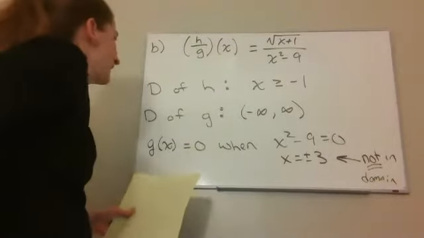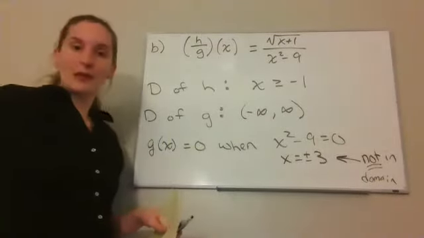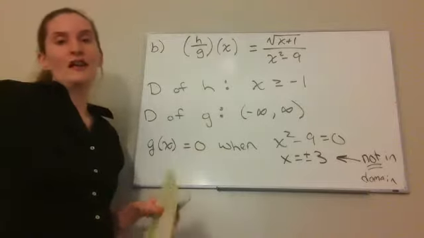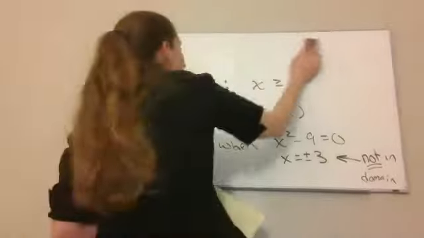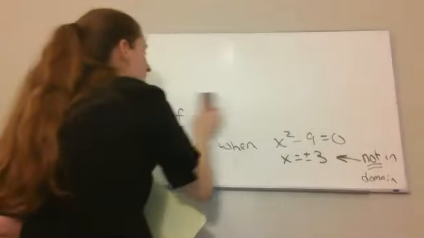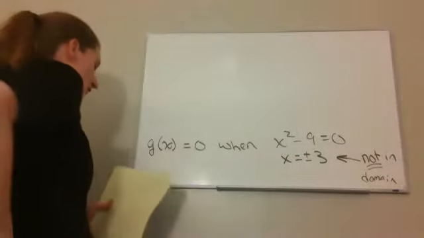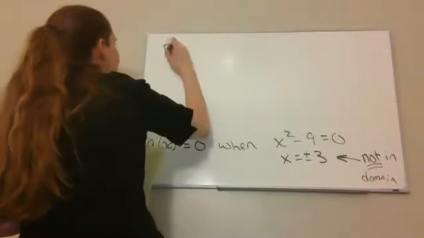So my domain is going to be all of the numbers bigger than or equal to -1 that are also not equal to 3. How do we write that in interval notation? Well, we just start with our smallest number.